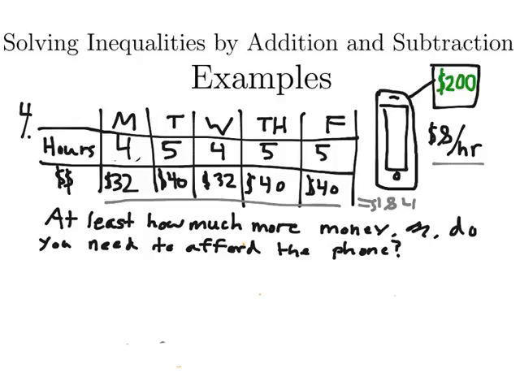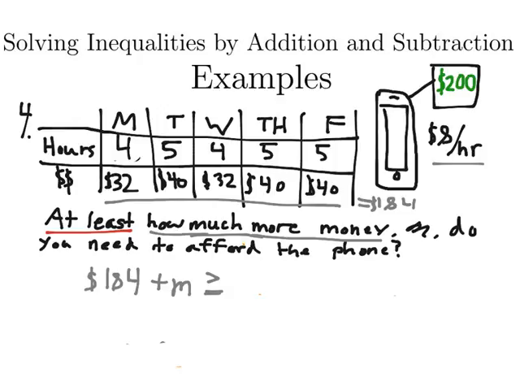So the question asks, how much more money. So that means we have however much we have, $184, plus some more money, M, has to be at least, which means at the very minimum, we need this value.